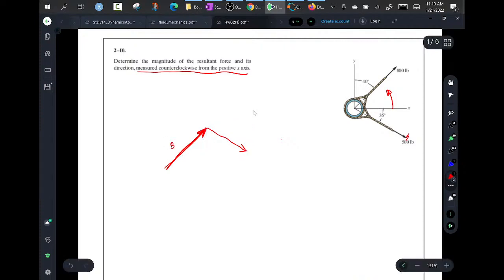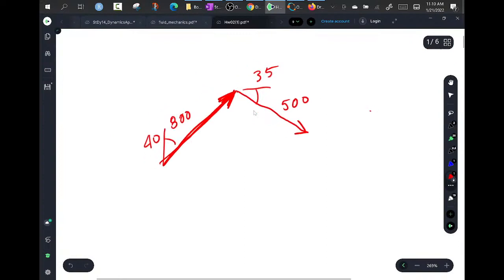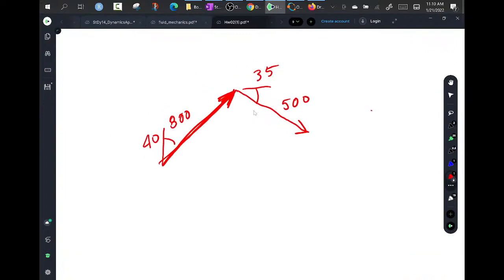So this one's 800. This one's 500. This one is kicked down 40 degrees. So this is 40 degrees. This one is kicked down 35. Okay, so now if I zoom in, now I don't have a ruler in here.